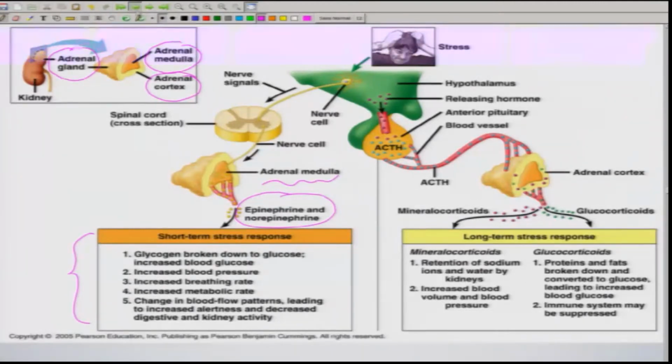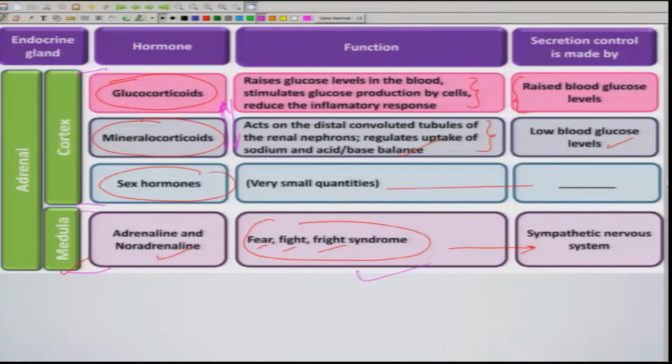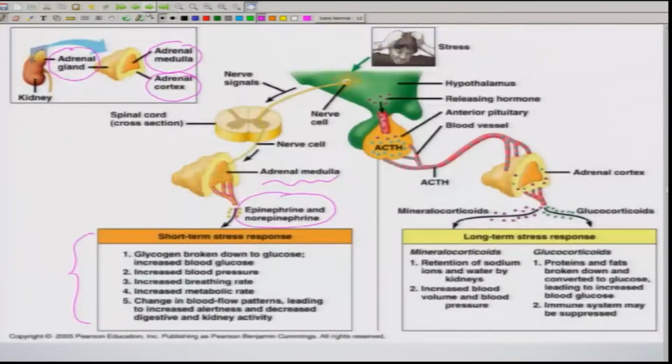If you remember, in the previous section I told you about the sympathetic and parasympathetic systems, and that was the reason I was not covering them here. Here the hypothalamus releases hormones, the anterior pituitary secretes ACTH, and ACTH acts at a distance, all the way at the cortex of the adrenal gland, asking it to secrete mineralocorticoids and glucocorticoids.